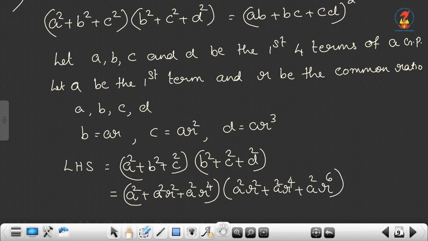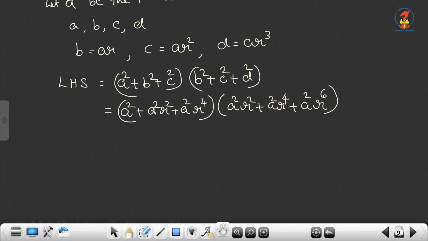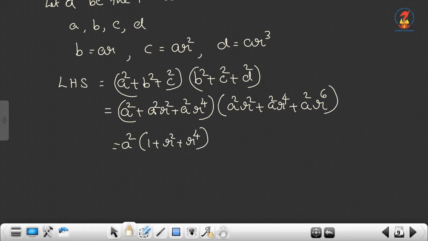Now, in the first bracket, A square is common. You can take A square outside. Then 1 plus R square plus R raised to 4. And in the second bracket, A square and R square are common, again 1 plus R square plus R raised to 4.